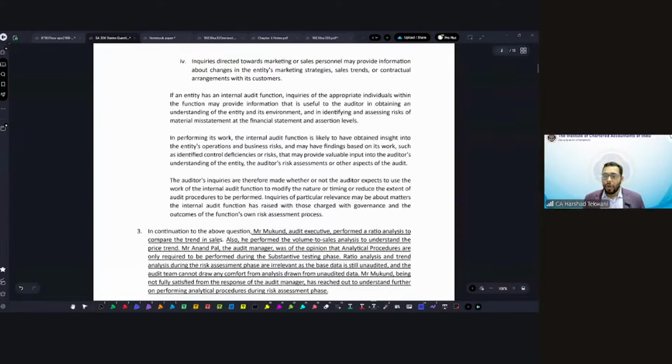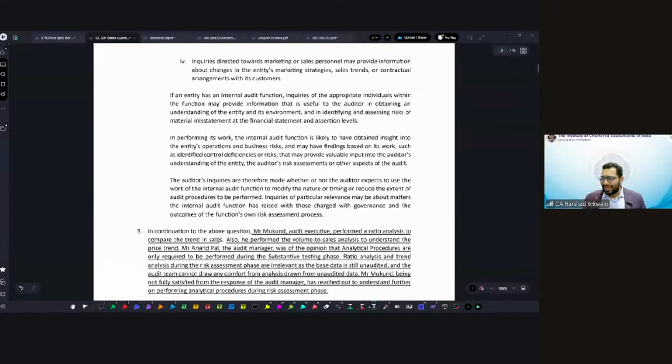It will not provide very minute trends, but at least it can provide me a high level overview that will give me a direction in which I should do further audit procedures or further planning procedures to get more information for the risk assessment.